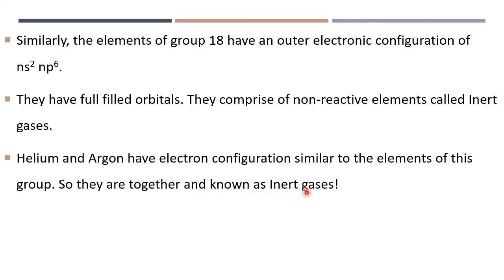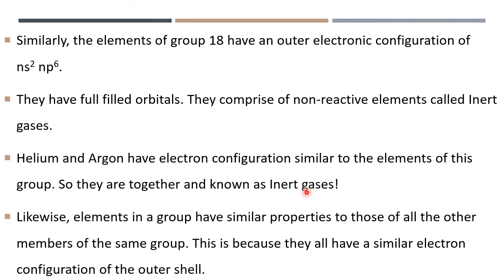Likewise, elements in a group have similar properties to those of all the other members of the same group. This is because they all have a similar electron configuration of the outer shell. That is why they show similar chemical properties: because of the similar outermost electronic configuration.